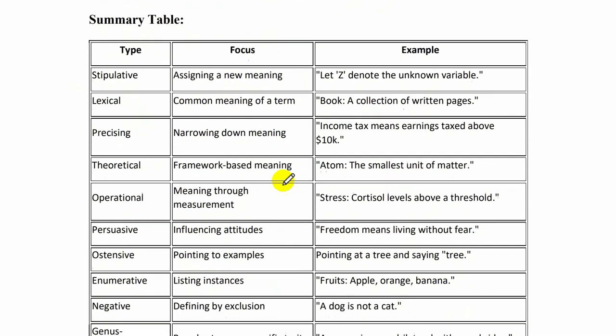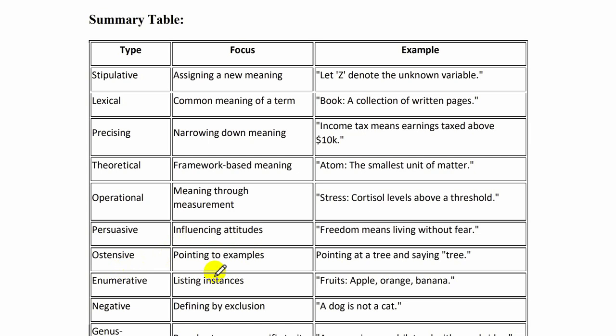Let's look at the summary table. Stipulative focuses on assigning a new meaning. Lexical focuses on the common meaning of a term. Precising, focus is on narrowing down meaning. Theoretical definition, focus is on framework-based meaning. Operational definition focuses on meaning through measurement. Persuasive is used to influence attitudes.